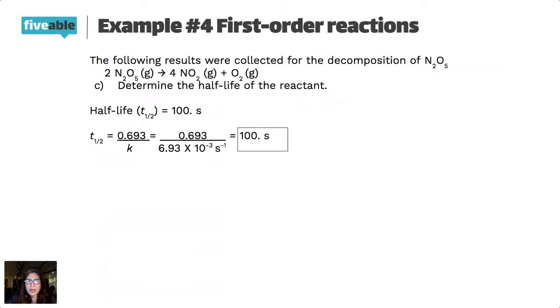If you do the experiment again with a different concentration, you will have 100 seconds. Correct. It doesn't depend on initial concentration. It will always be 100 seconds regardless of the initial concentration.